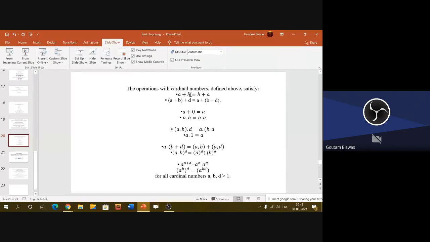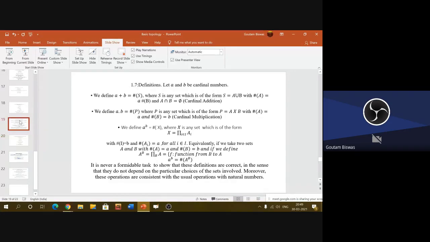There may be a question like what is the correspondence of this and this? So A plus B is equal to B plus A. A plus B means these two conditions hold, and B plus A means these two conditions hold. Here B union A and B intersection A. So in this way you have to remember this fact.